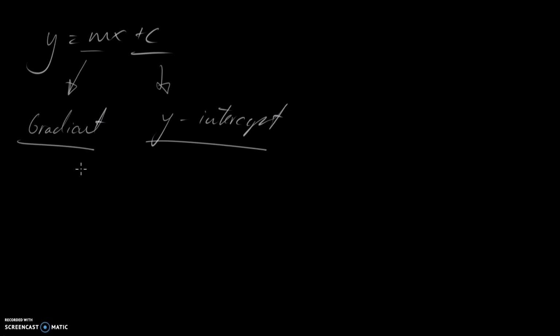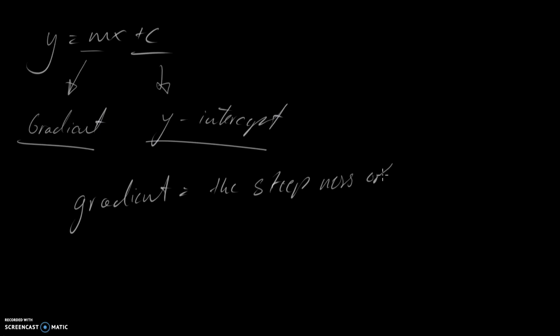So, what does gradient mean? Gradient stands for the steepness or the slope of the line. It's how steep the line is. It's how far across and how high does it go.